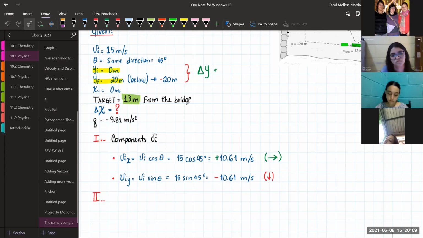You need the final minus initial. It says y final is below, so it is negative 20. Negative 20 minus 0, so in the end, delta y is just negative 20 meters.